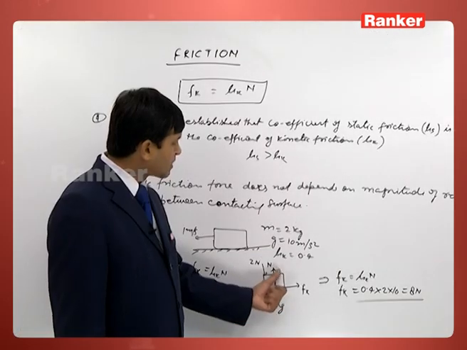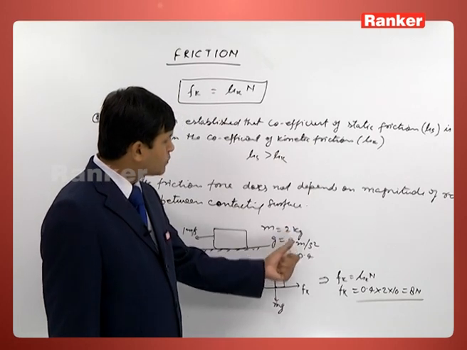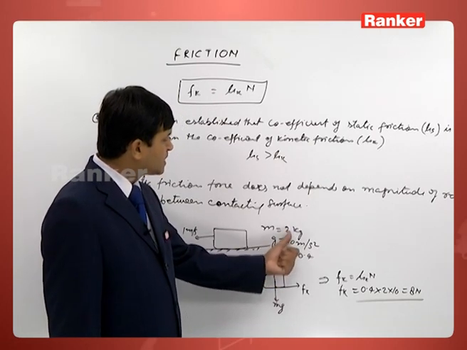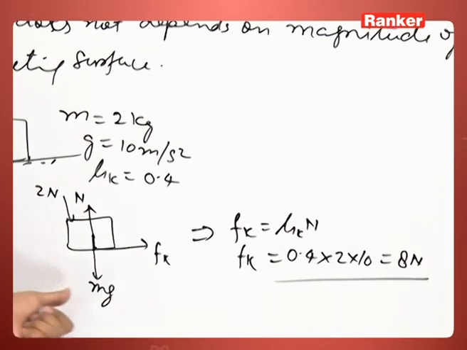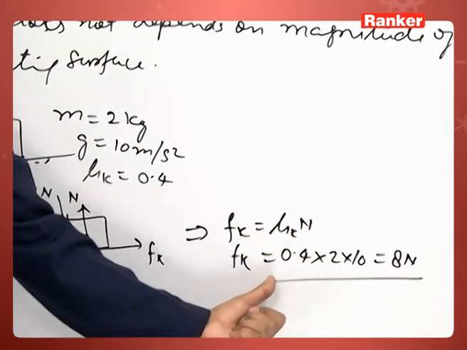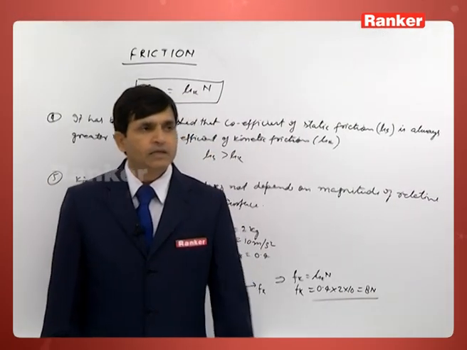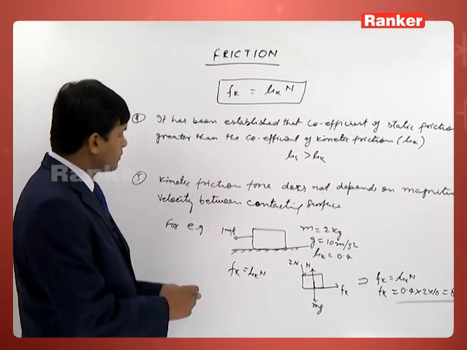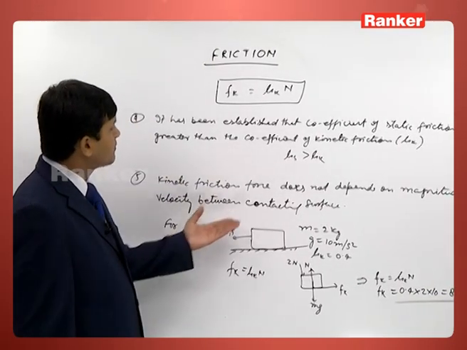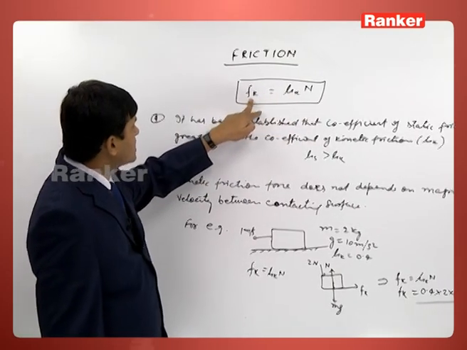So total normal force will be mg plus 2. Here m is 2, g is 10, so mg is 20 plus 2, 22. The normal force will be 22. The Fk will be 0.4 into 22. Then our friction force value will change. So the main point here: as the normal force changes, our kinetic friction also changes.